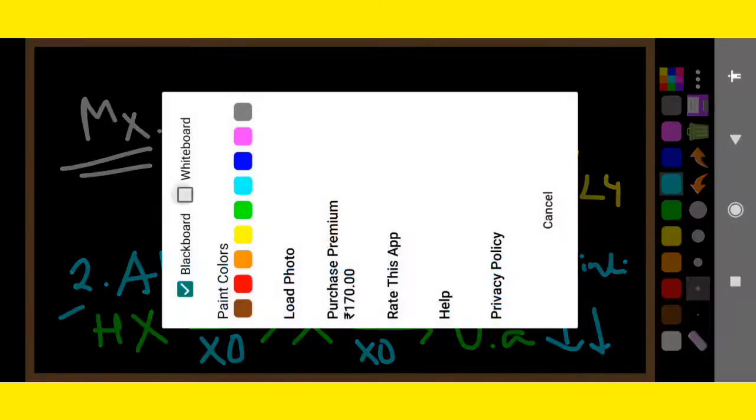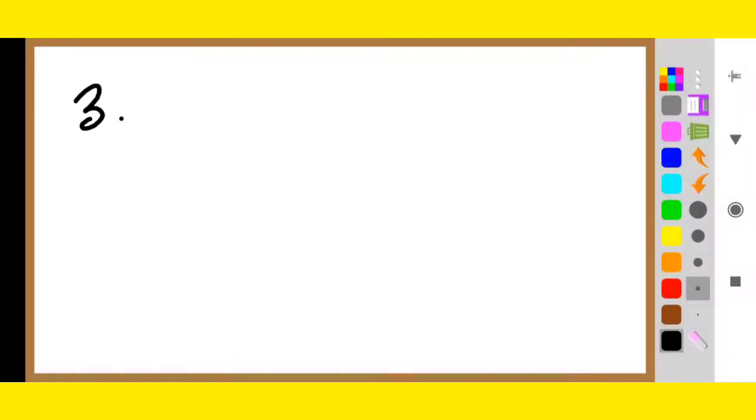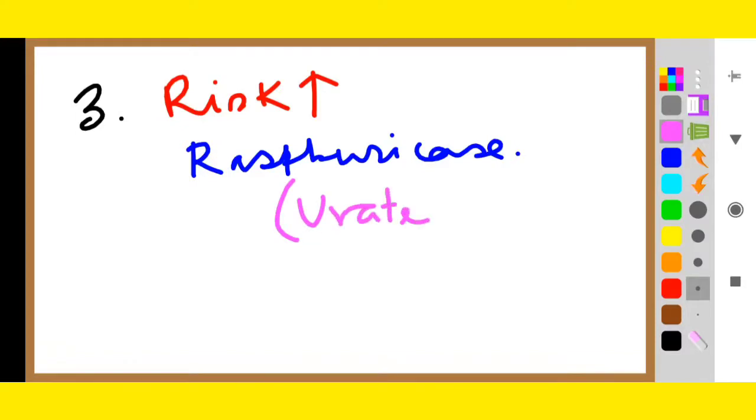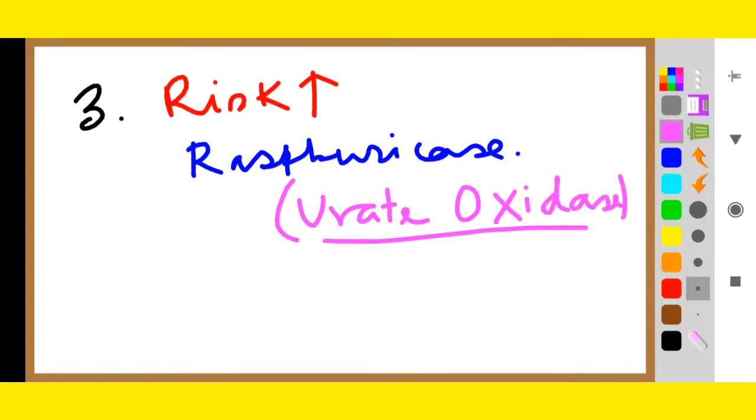And number 3, management is used in those patients who have high risk. So for high-risk patients, we use rasburicase. Rasburicase is actually the drug which is a urate oxidase. What does it mean? It oxidizes the urate. So basically, what is the main function?